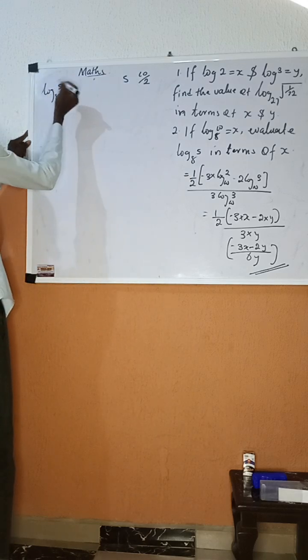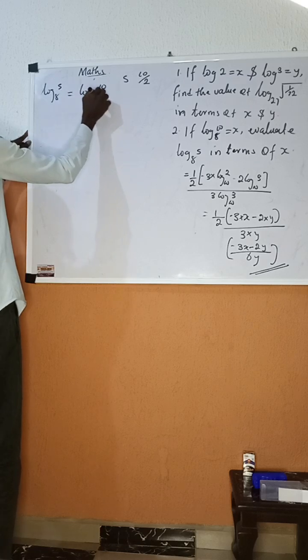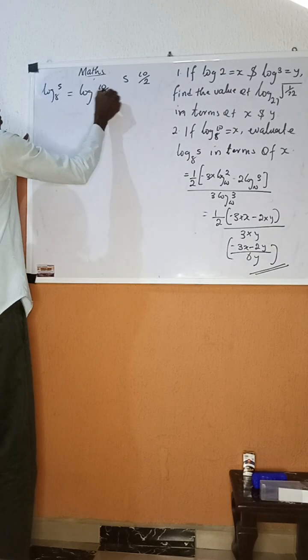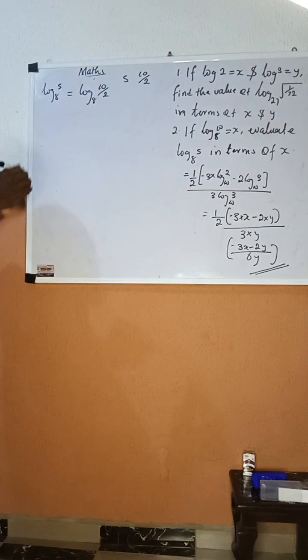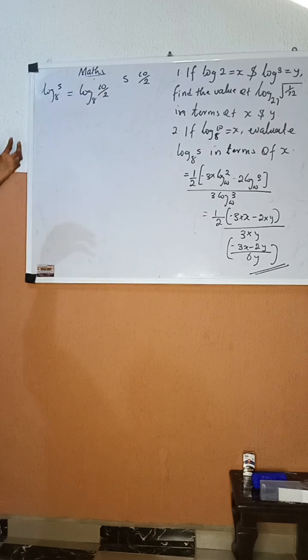So this thing can be expressed as log of 10 over 2 base 8. So I've expressed this in terms of these. Then I'll go further and remind us about the law of division that says that division is what? Subtraction. So whenever numbers divide, of course, you express them in logs by considering subtraction.